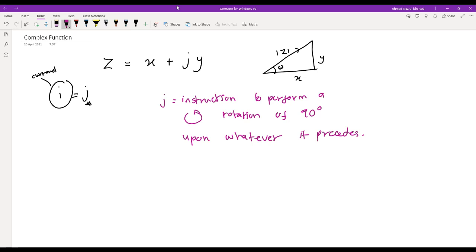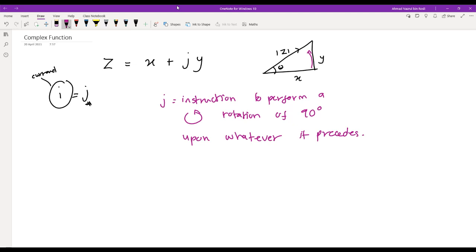So j is an indicator or instruction. The y is actually the counterclockwise direction here. That will be the physical meaning of the j.